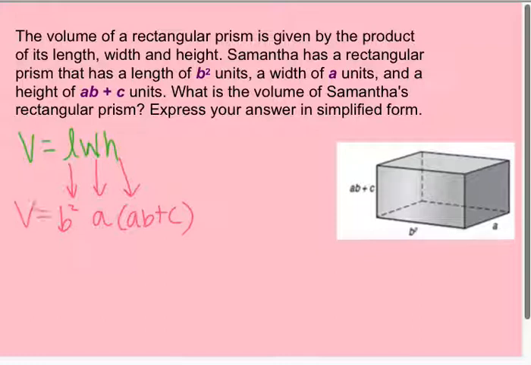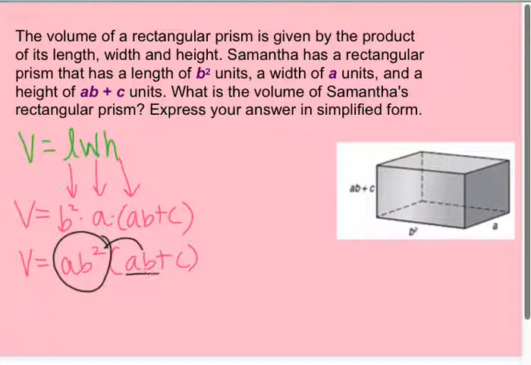So volume is equal to all of these things multiplied together. First thing I would do is b squared times a. Usually write it in alphabetical order, so it's a times b squared. And then I have a times b plus c. Then I would go ahead and distribute all of this. So take this times ab. So a times a would give me a squared.